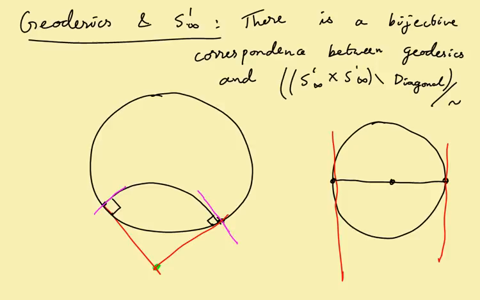In that case, this is the unique geodesic joining those two, and it happens to be a diameter. No other chord works because no other chord is perpendicular to both endpoints. So in either case, given a geodesic, you get a pair of points at which it ends, but given a pair of points, you can canonically associate to it the only geodesic that passes through them.